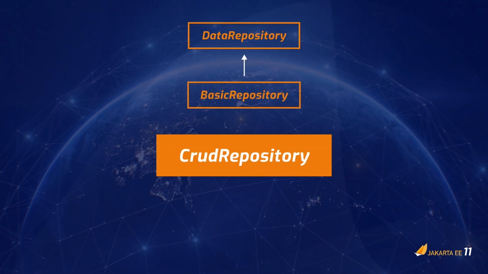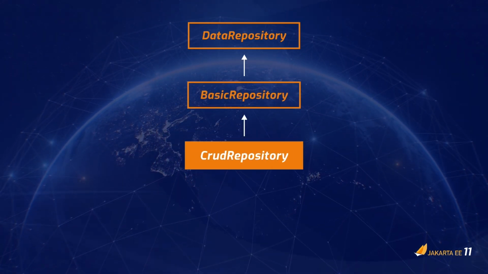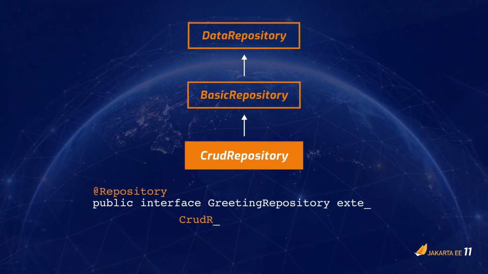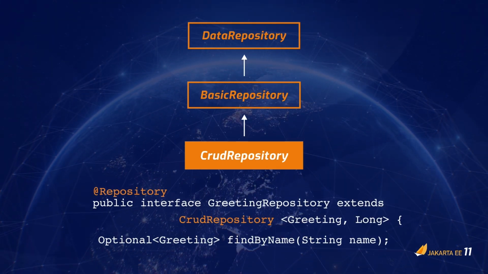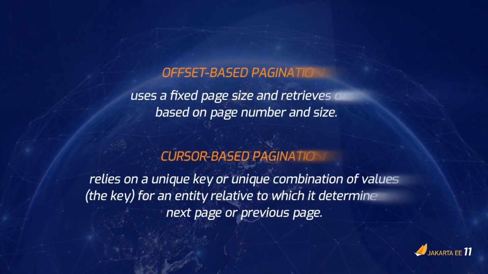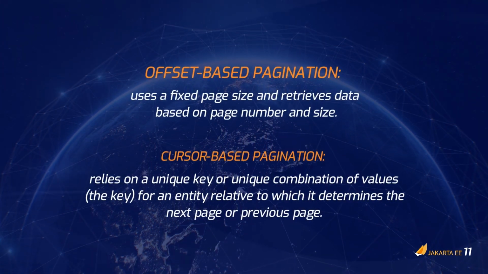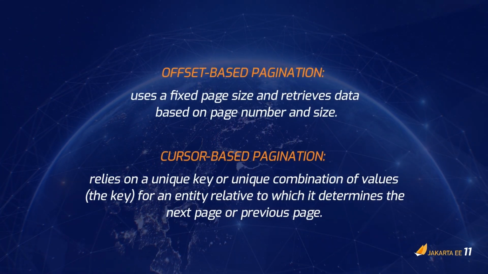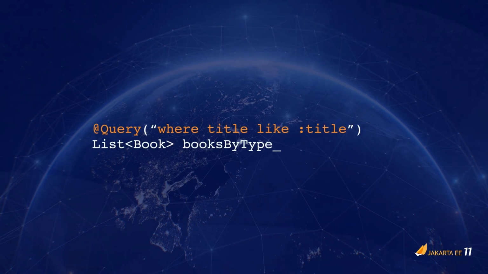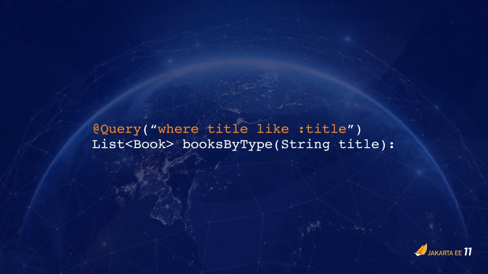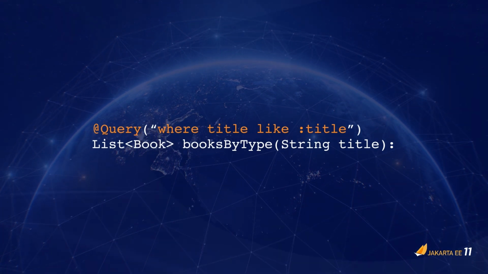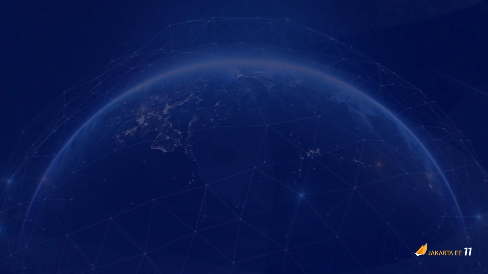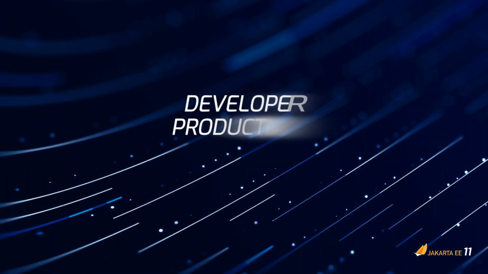CRUD Repository, which facilitates basic CRUD operations, making database interactions more straightforward and less error-prone. Pagination, support for both offset and cursor pagination. Jakarta Data Query Language, JDQL, a streamlined language designed to specify the semantics of query methods within Jakarta Data repositories.